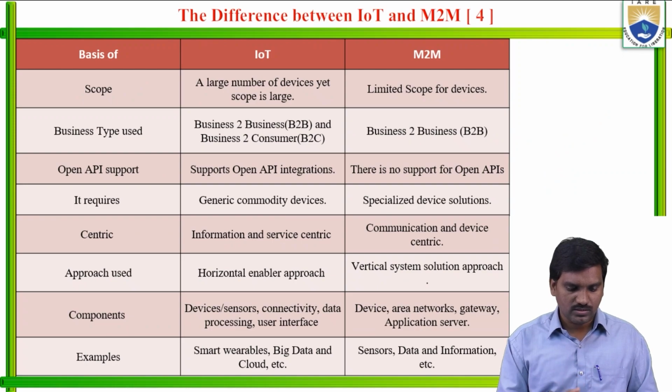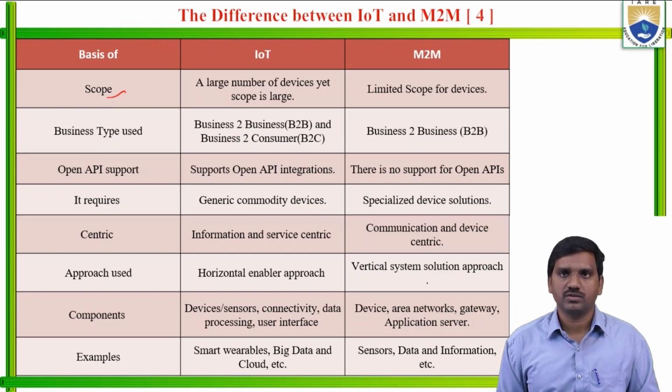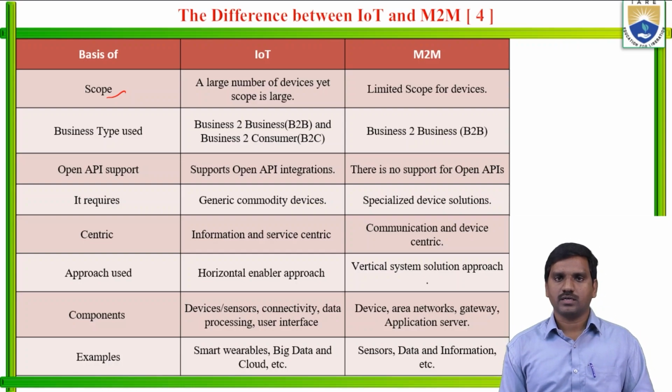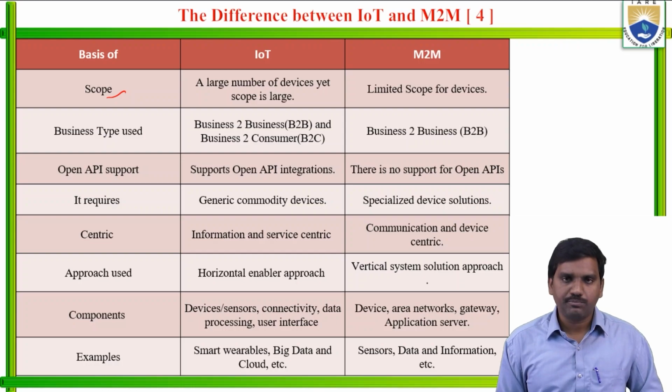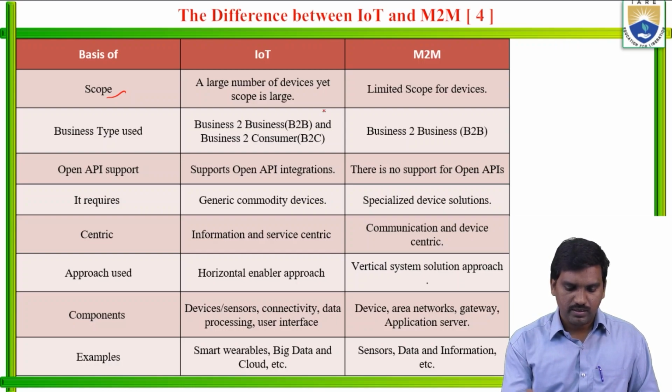Next, scope. What is the scope of the IoT? A large number of devices, the scope is very large. For machine to machine, limited scope for devices, so a limited number of devices are connected. Next, business type used. Business to business, business to customer, customer to business, customer to customer.